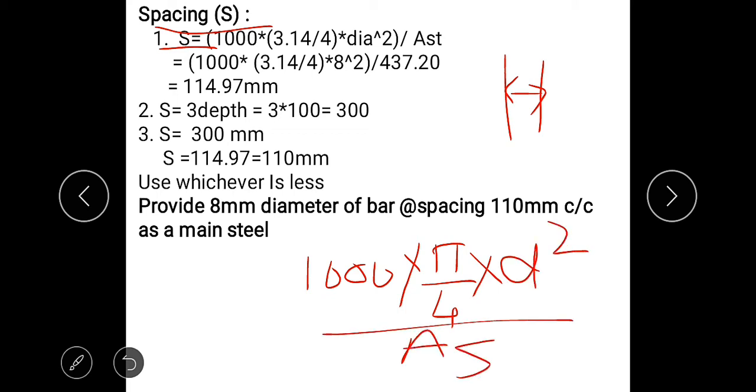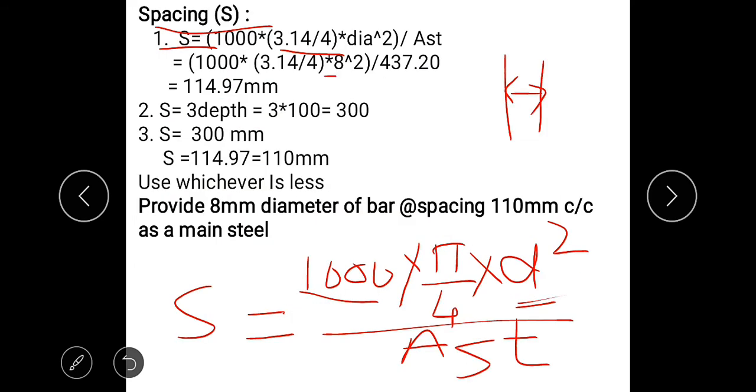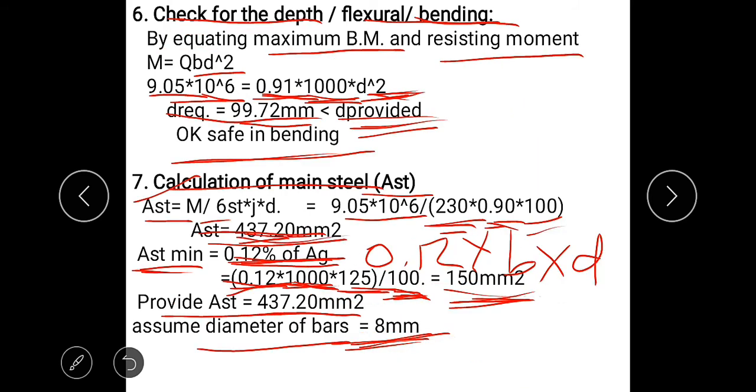Here pi is 3.14, d is the bar diameter of 8 mm, and the area of steel provided is 437.20.